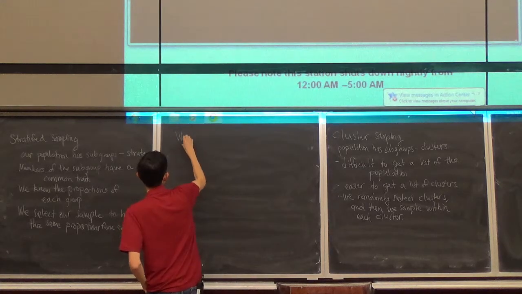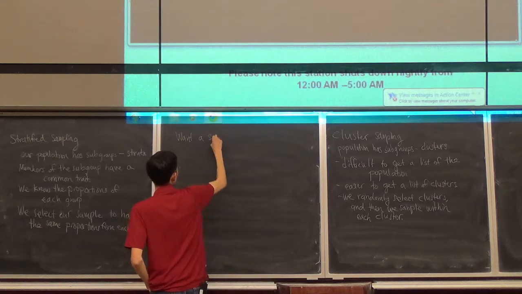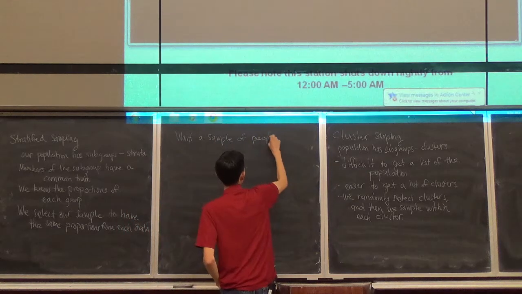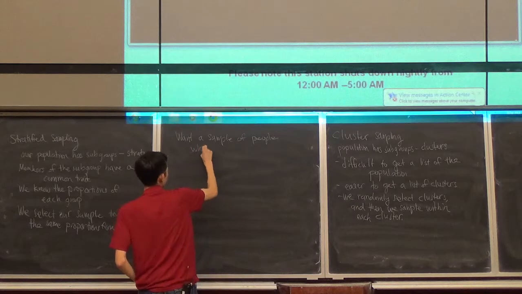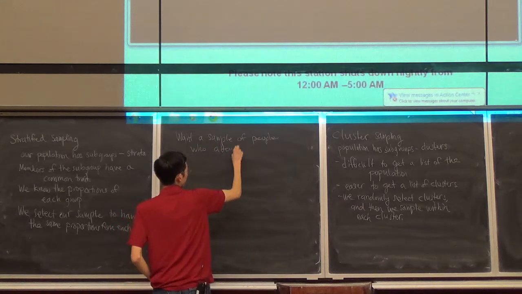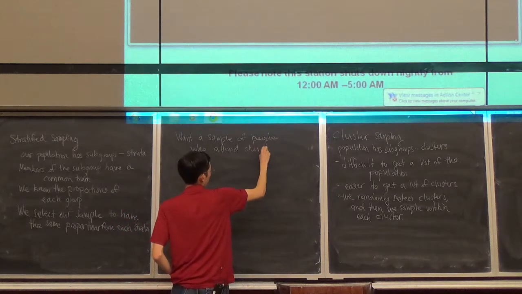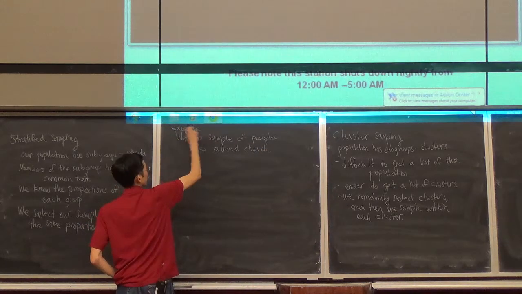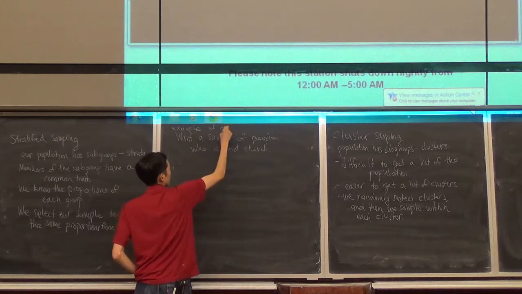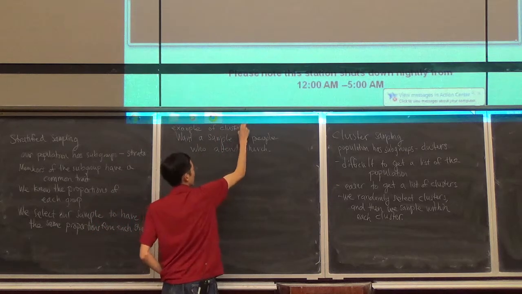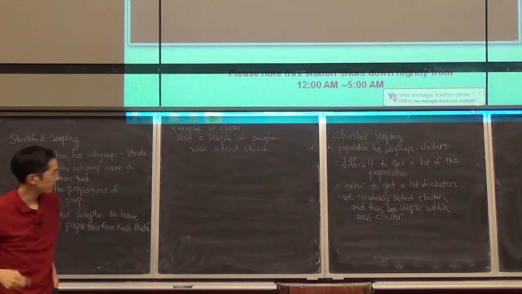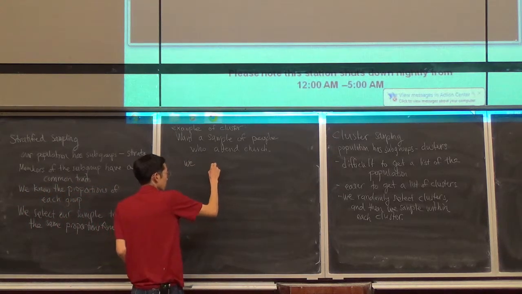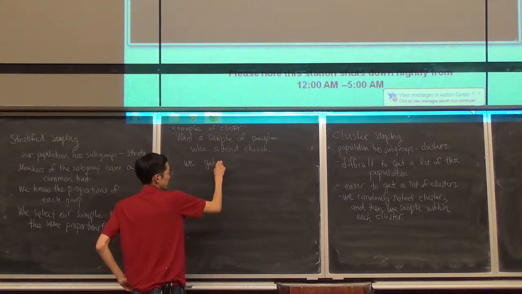So we want a sample of people who attend church. This is an example. Example of cluster sampling. We want a sample of people who attend church. We get a list of all churches.